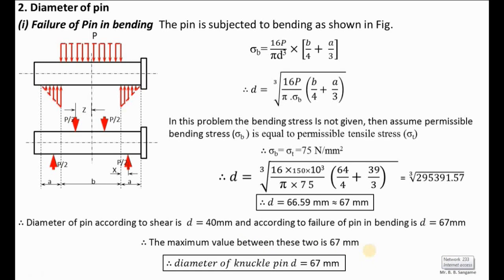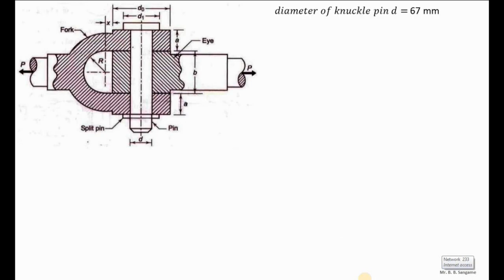By using this diameter of the pin, next I am going to calculate the various dimensions of the eye and fork which depend on the diameter of the pin, as the diameter of the pin is the inside diameter of the eye and fork also. We have calculated the diameter of the pin as 67 mm. Let us calculate the outer diameter of the eye.